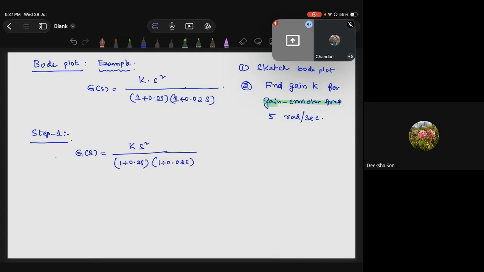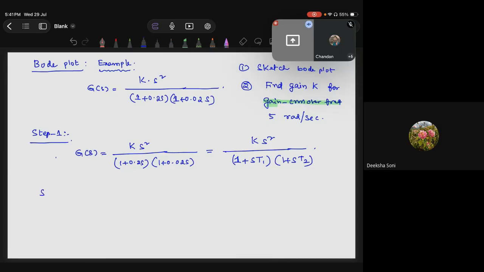How does it look? It looks like k s square by 1 plus s T1, then 1 plus s T2. Directly you can identify what these T1 and T2 are, correct?